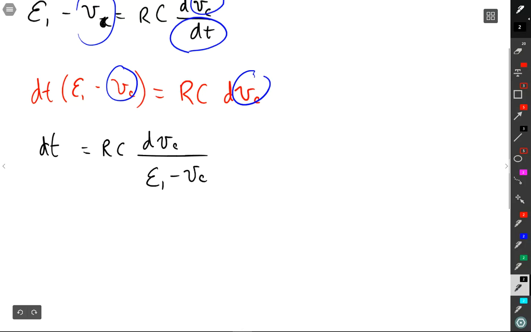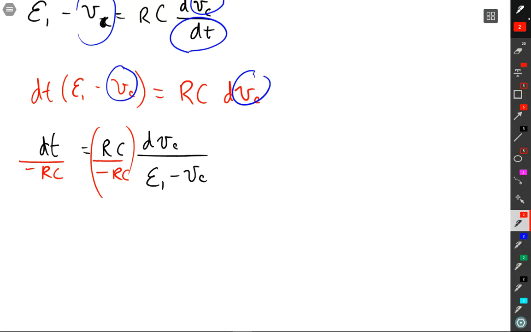Now there's one more thing that we usually do, and that is we will divide both sides by minus RC. Why minus RC? The minus sign is not necessary, but it's going to make it so I have a plus VC in the denominator instead of a minus VC.